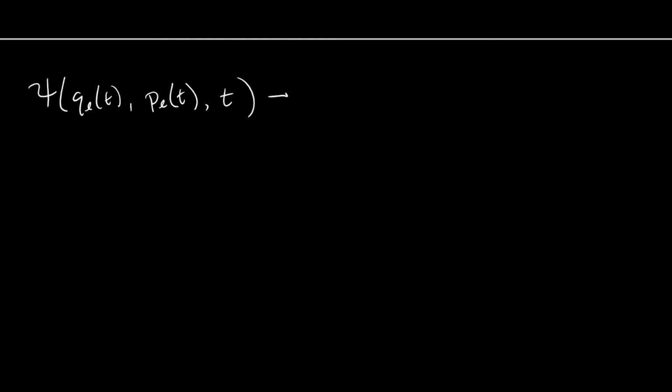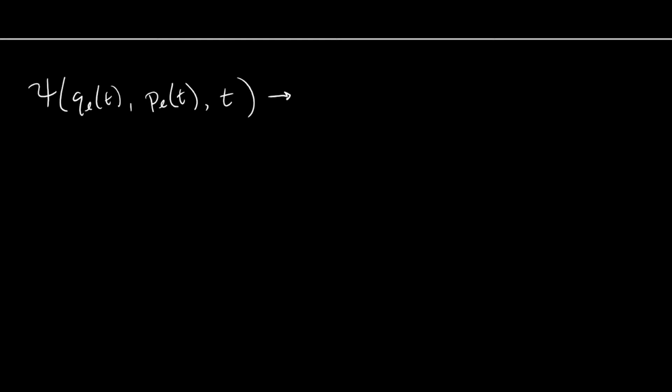So now I want to consider the case where I do some shift in time, right? So I want to essentially look at how this function is going to evolve with time.